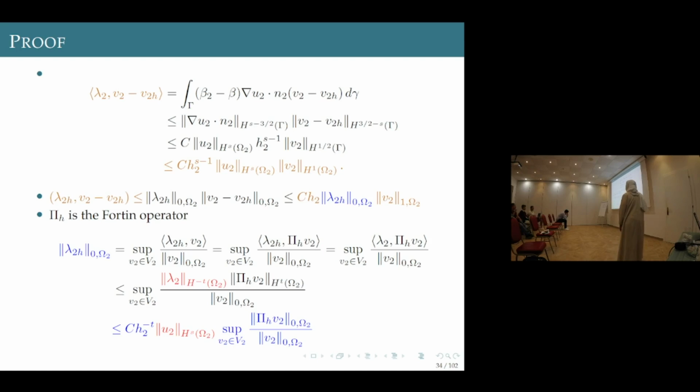But this part in here is not there. So what we did is we used the inverse inequality in here, and this is why we have the quasi-uniform condition for the mesh.